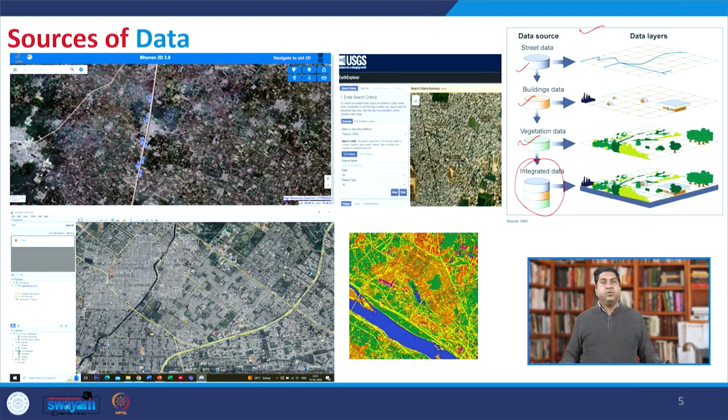There are a few other open source platforms as well, because I cannot name all of them here, but you can search for that. Some of them also give you the LULC, land use land cover map, to a certain resolution free of cost, so that you can use and analyze it.